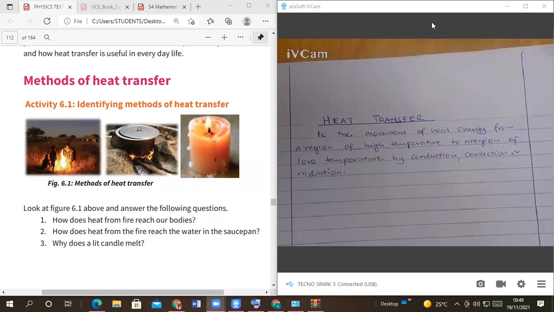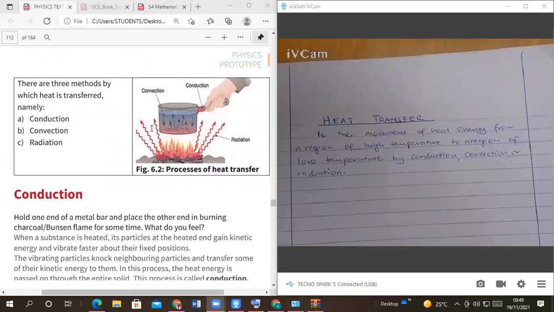So that's the definition of heat transfer, and you should get to know how heat is transferred.